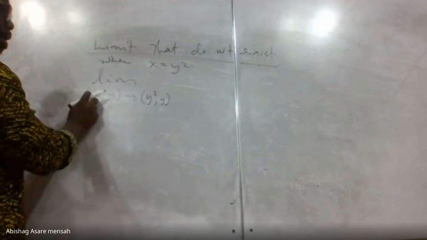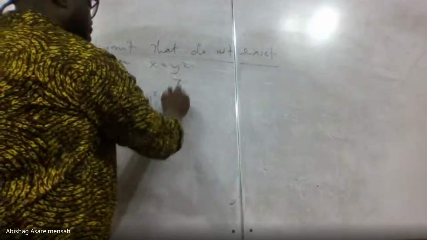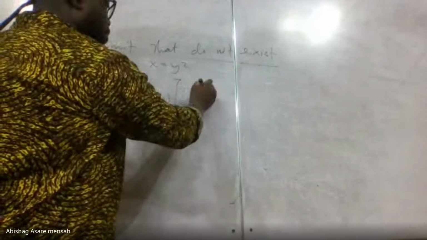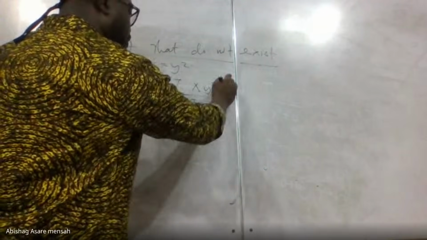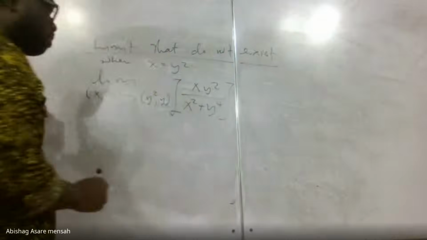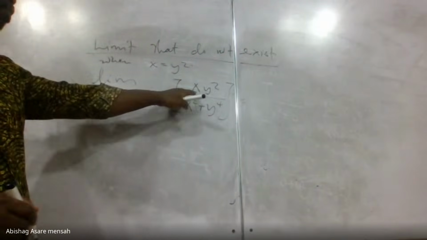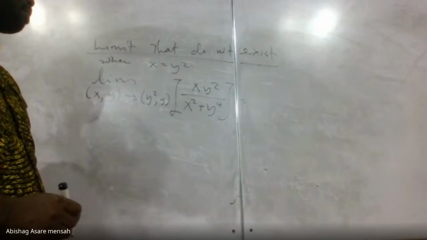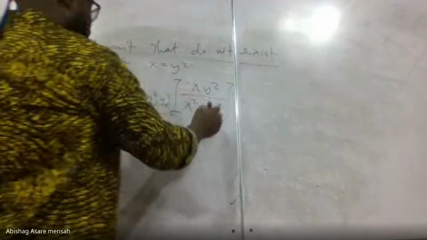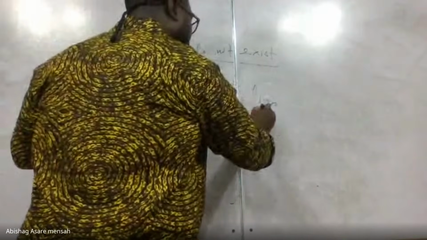We maintain the y, we change the x. The function is x y squared on x squared plus y to the power of 4. So we're going to put y squared here. If we put y squared here, please the y is still maintained. So we have a limit as y approaches 0.